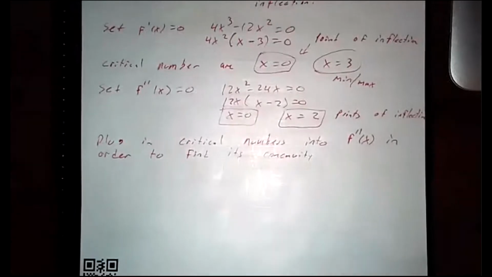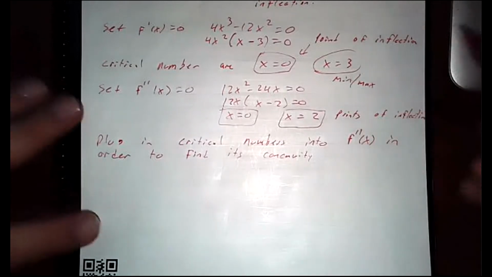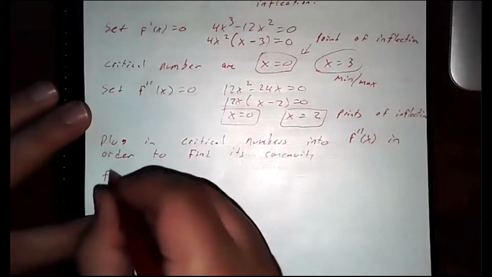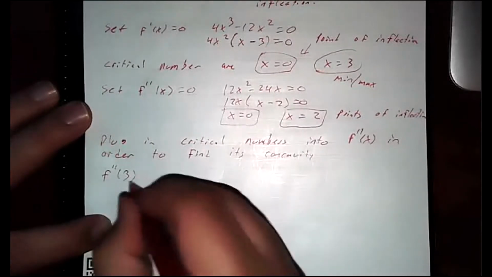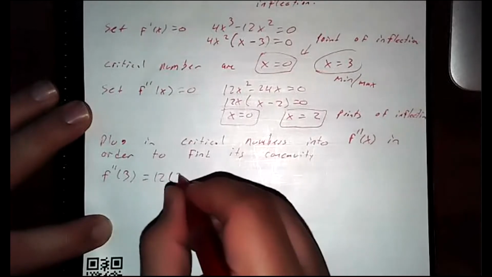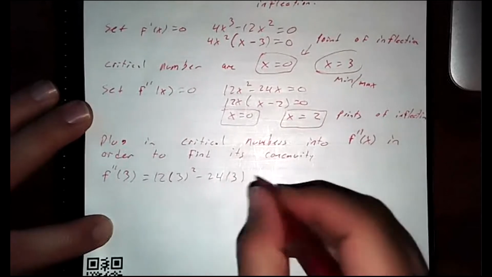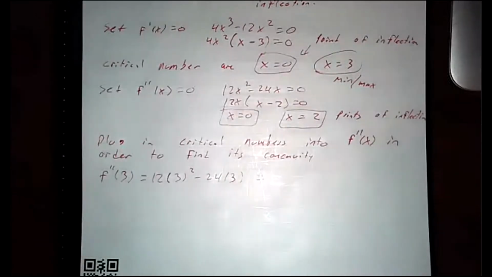If it is concave up, it is a minimum. If it's concave down, it is a maximum. And that is determined by the sign. So plug in 3. f double prime at 3 is equal to 12 times 3 squared minus 24 times 3. Is that positive or negative?